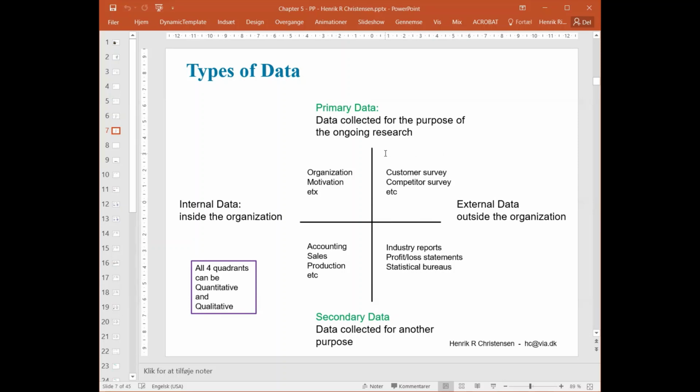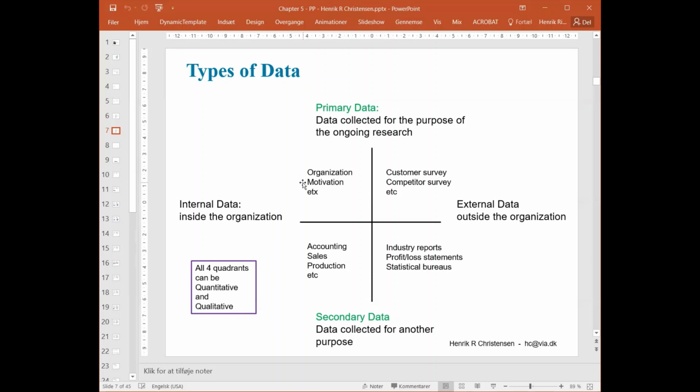Now, if we look at primary data, that's, as we remember, data that's collected for the purpose of the ongoing research. If we would like to investigate something about satisfaction of our employees, and we are asking them, for example, questions about how motivated are you? And how satisfied are you? Do you like the food in the canteen?